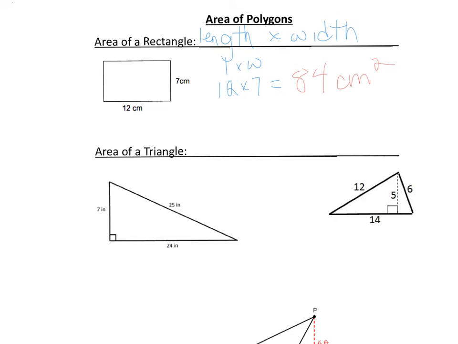Now on to area of a triangle. There's two formulas you can use. Base times height divided by 2 is going to be the easiest one if you're using a calculator that can't do fractions. One you've probably seen is 1/2 times the base times the height. You can use either formula.